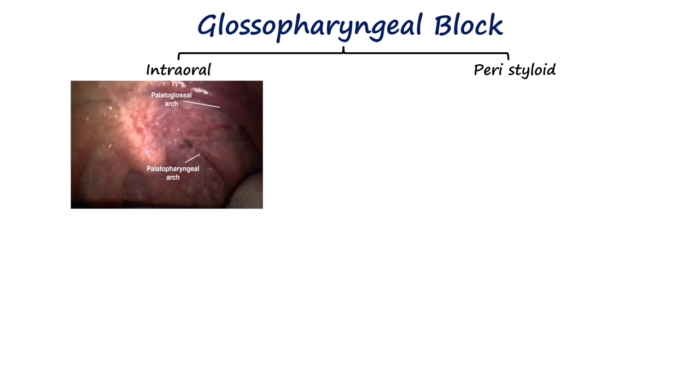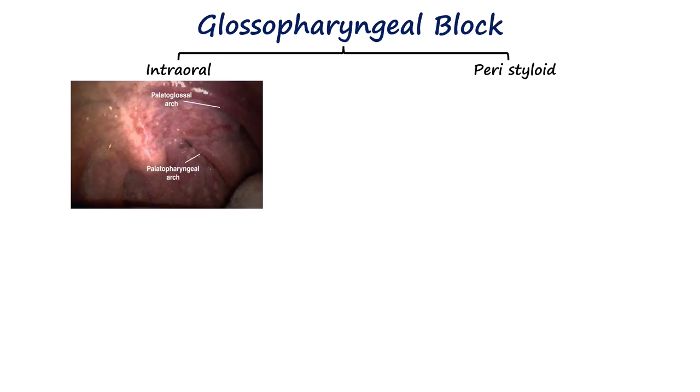For the intraoral approach, the patient needs adequate mouth opening so that the posterior tonsillar pillars, or palatopharyngeal arch, are easily visible. The oropharynx also needs to be topicalized with lidocaine spray before attempting the injection.